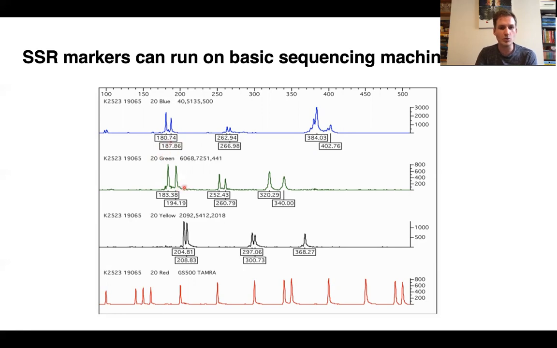So these are all what we would see as bands on a gel. But if these were 2 different individuals, these bands at 340 base pairs are not present in this individual. So that would be like a different band on a gel that we could differentiate.